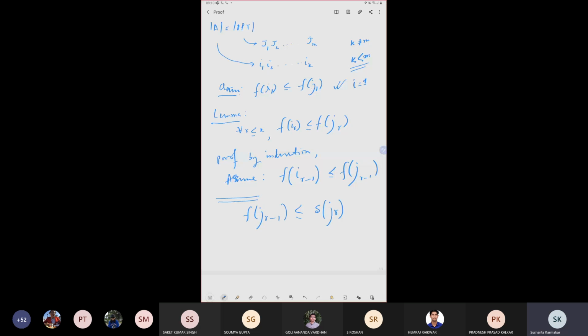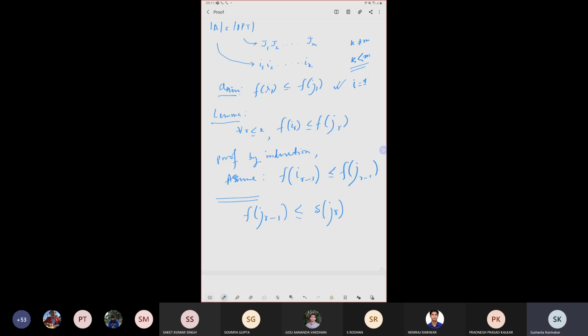And if you now look at the inductive assumption that f of I R minus 1, that is the finish time of the R minus 1th interval according to our algorithm, that is smaller than the finish time of the R minus 1th interval in the optimal algorithm.